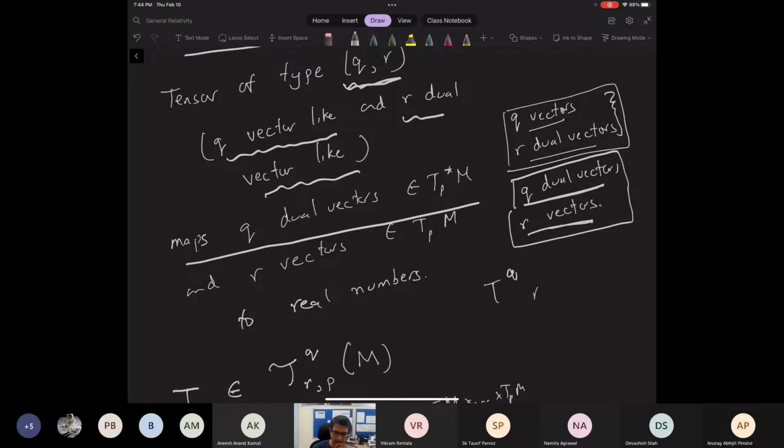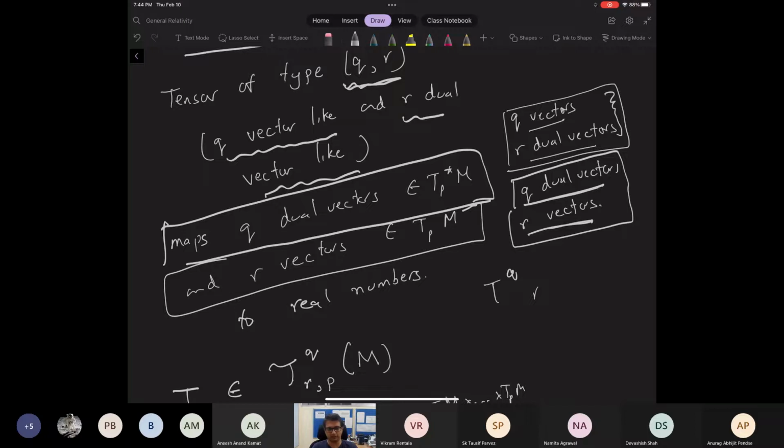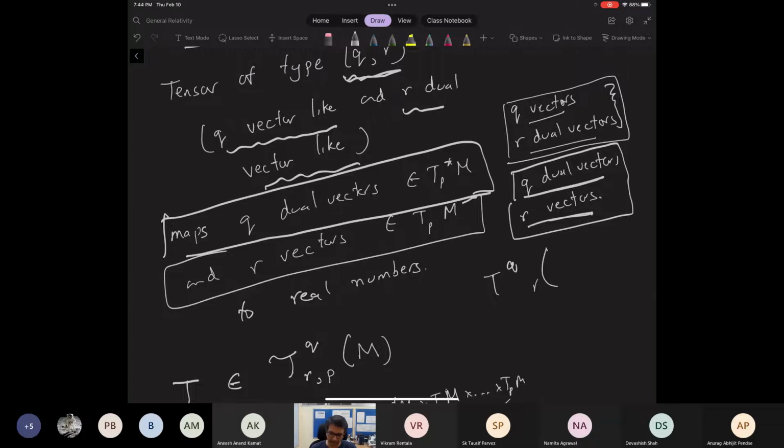It maps Q dual vectors, which belong to T_p* M, and R vectors, which belong to T_p M. You have to feed it Q dual vectors, W1 through WQ, and R vectors, and the result of this tensor acting on all of these dual vectors and vectors is a real number. That's how you define what a tensor is.